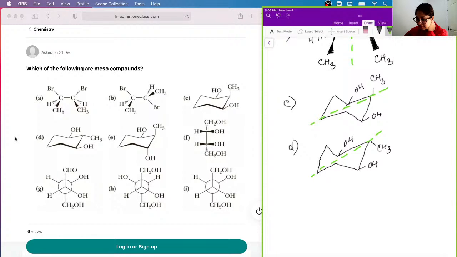If you rotate this 180 degrees, you would get the same conformation. It would be the same.